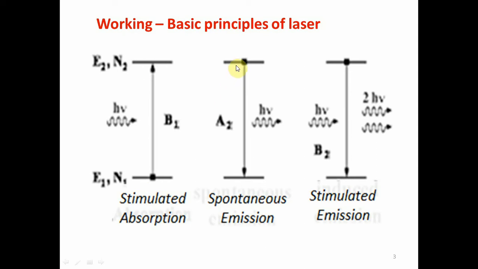Next transition, spontaneous emission: an atom in the higher energy state jumps back to the lower energy state by emitting a photon. Then this photon interacts with the higher energy atom, and stimulated emission takes place. So two photons are produced. This is stimulated emission, and laser light is produced during stimulated emission. These three processes make up the working of any laser.